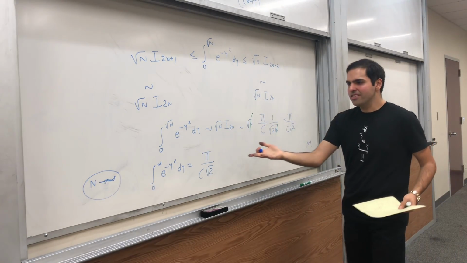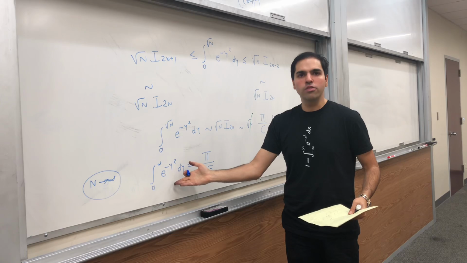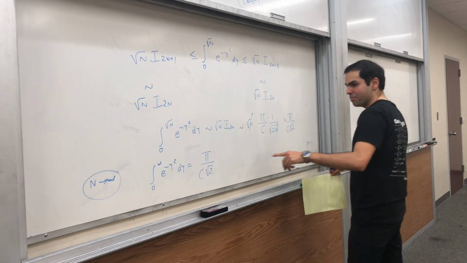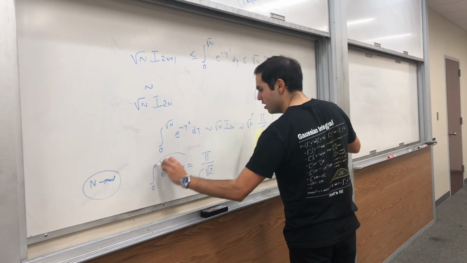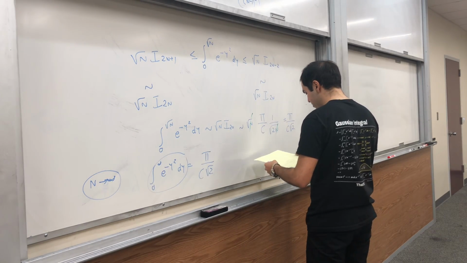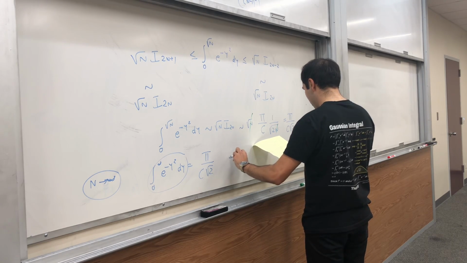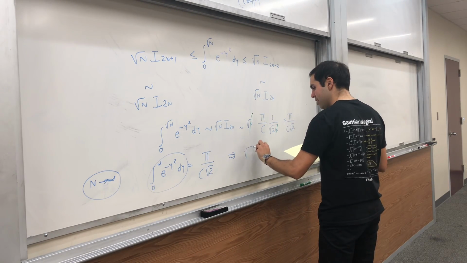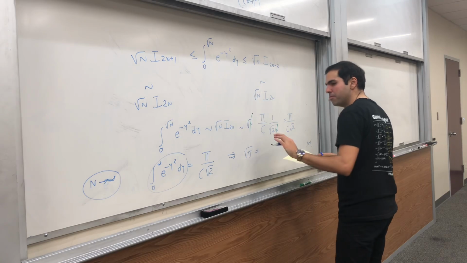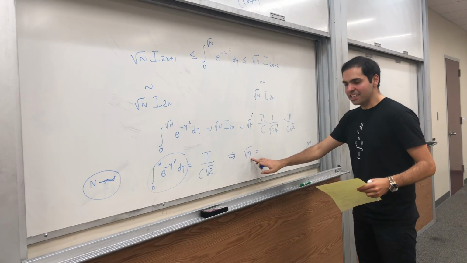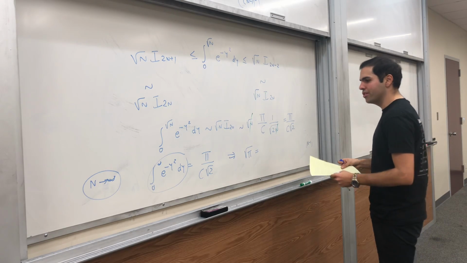And notice what is this? It's just half of the Gaussian integral. So we just get that c, let's see, what do we get? We know that this is square root of pi. And again, remember our goal was to show what c is using the fact that the Gaussian integral is square root of pi.